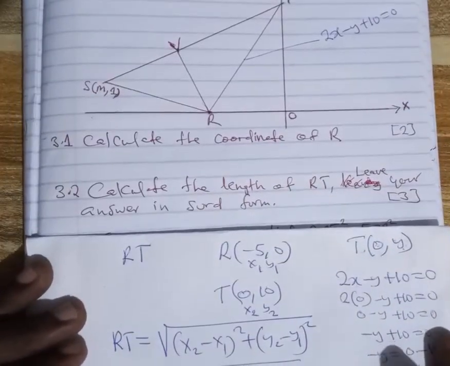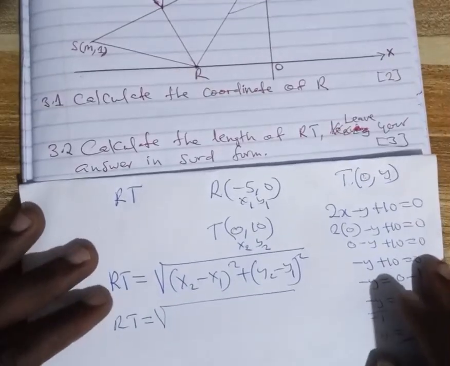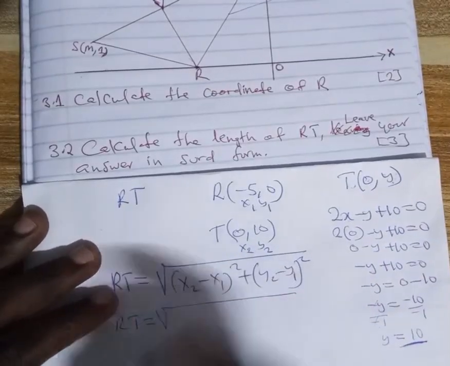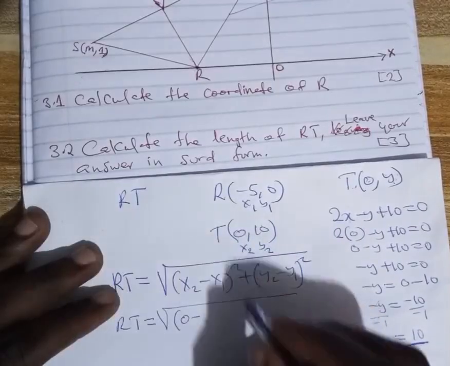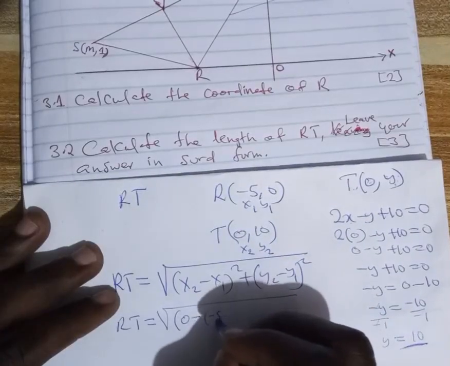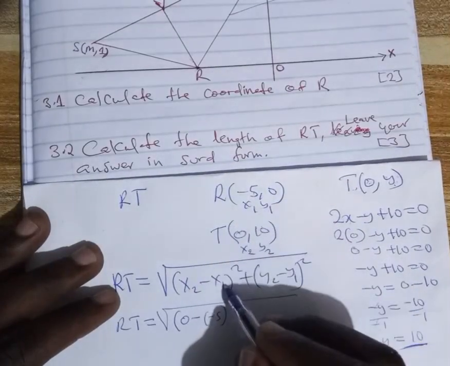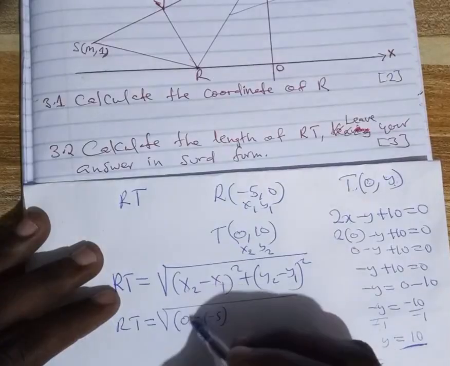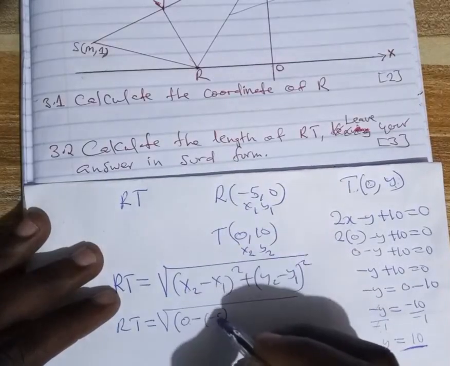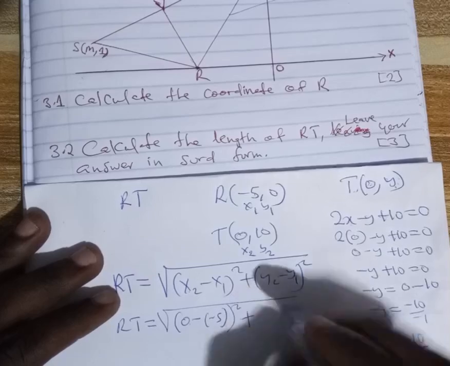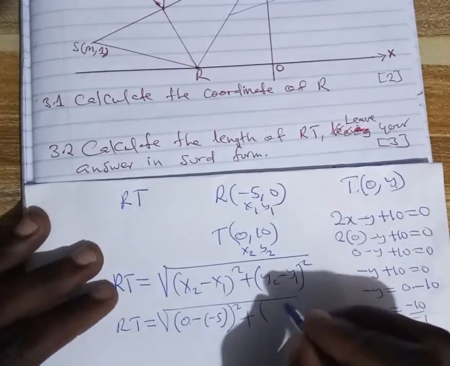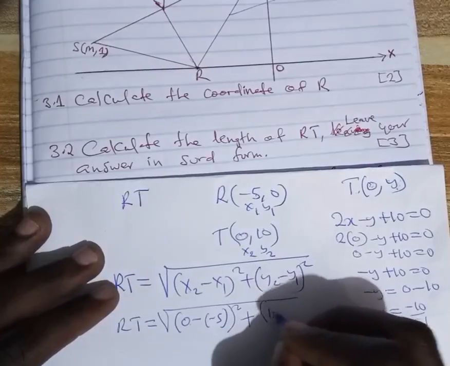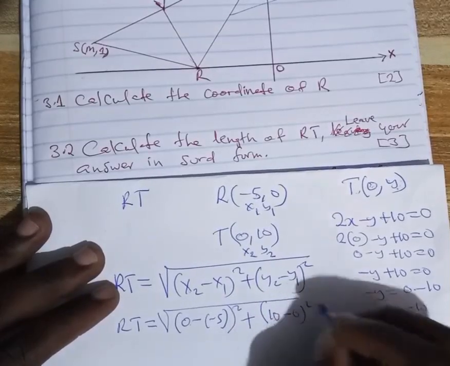Okay, so let's look at this one here. What is our x2? Our x2 is 0, minus our x1, which is negative 5. Remember, when you have a number in negative form, we put it in brackets. So you have x2 0, minus x1 negative 5 in brackets, squared, plus open bracket y2, which is 10, minus y1, which is 0, squared.